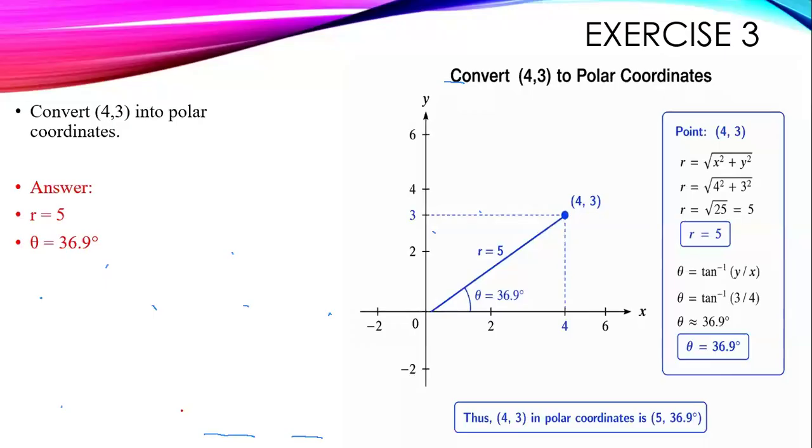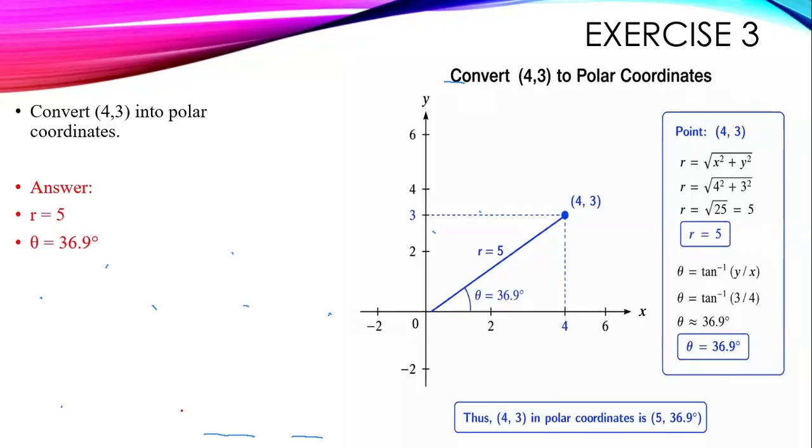So we have to convert 4, 3 into polar coordinates. We have our points, our x and y, and we have to use the formula r is equal to the root of x squared plus y squared. We know x is 4, y is 3. Simple substitution, and we have r is equal to 5. Now in this case, they didn't give us our angle, so we have to find it.